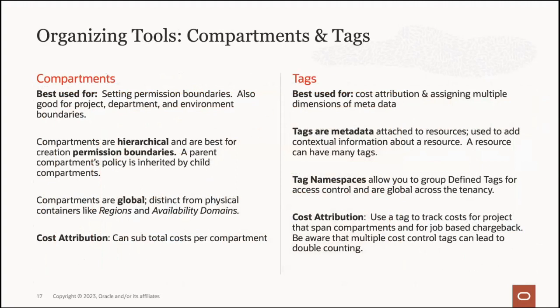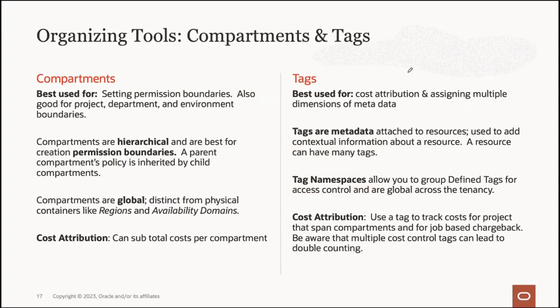Tags are going to be best used for basically cost attribution, or adding policies to who can access what at what time. Now we can do that in both sides. We can have cost attribution from a compartment standpoint, and we can add tags so that we can be a little bit more granular into the resources that get deployed.